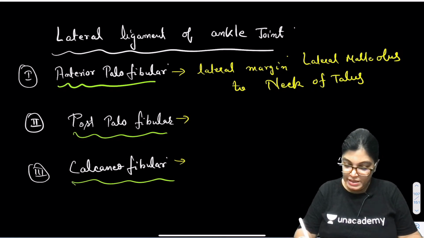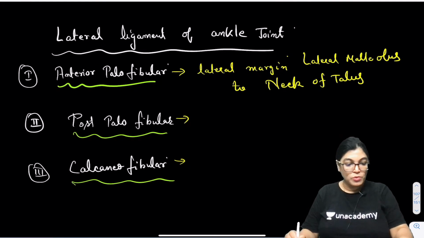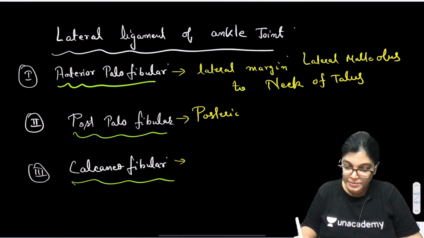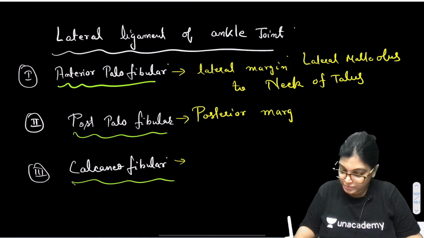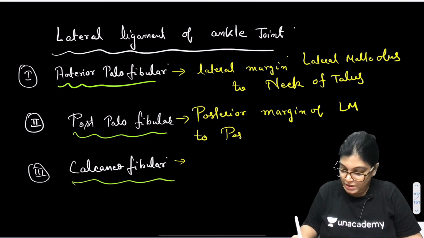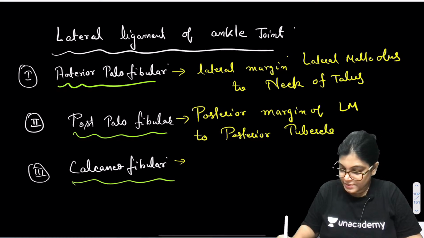Now coming to posterior talofibular. Posterior talofibular is attached from the posterior margin of lateral malleolus to the posterior tubercle of talus.